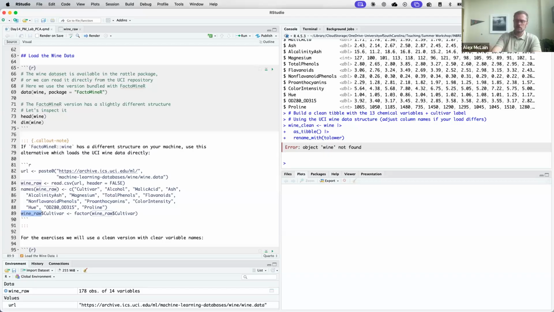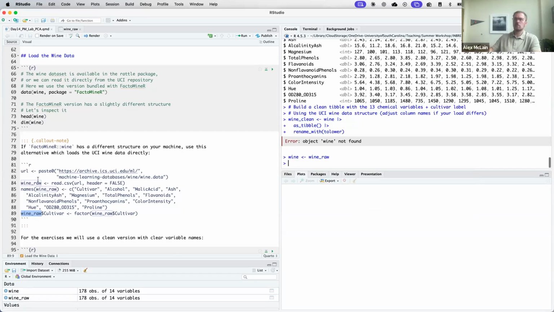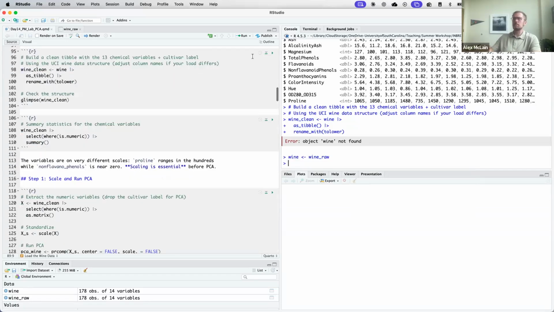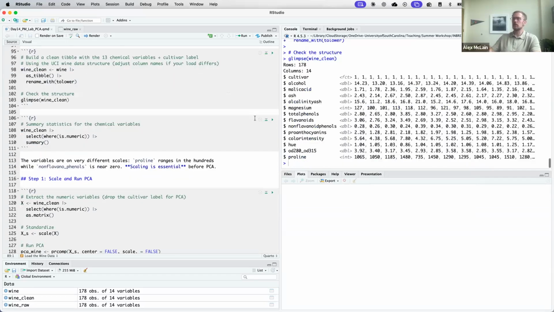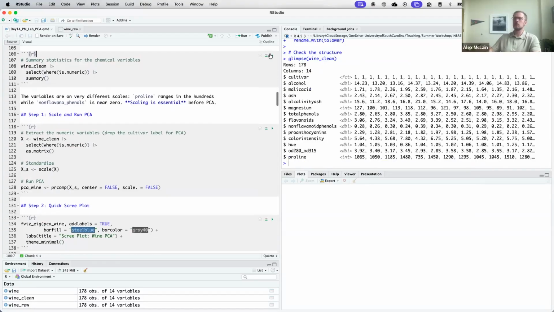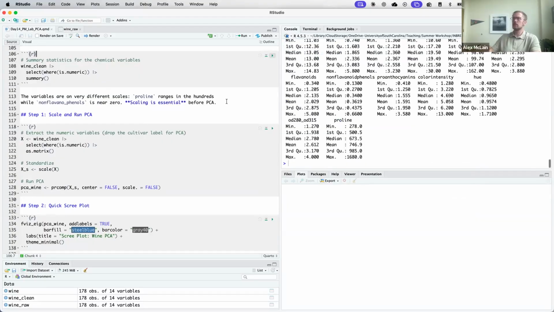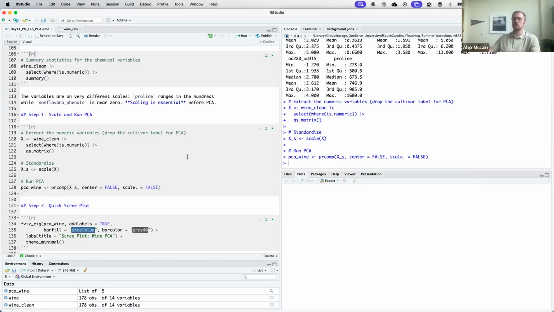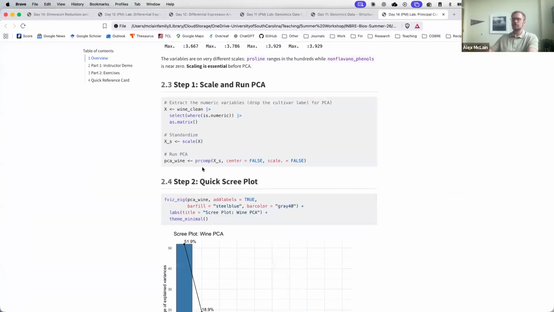So I'm going to call this one line. And then do some cleaning on this version. Get some summary statistics. And we can run PCA. Good. So it works on both of these.